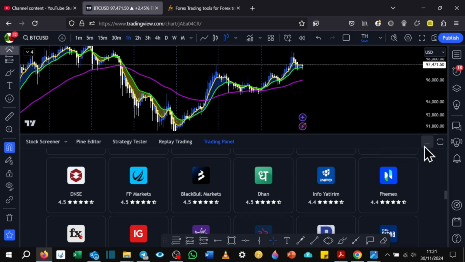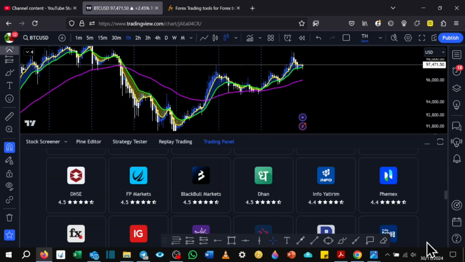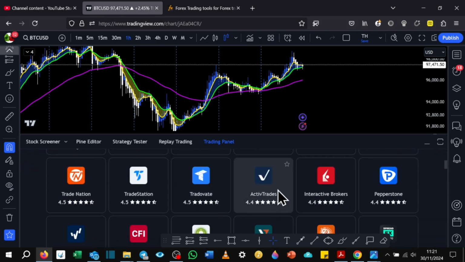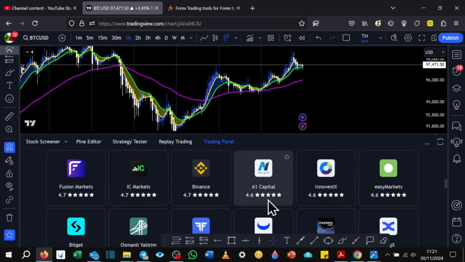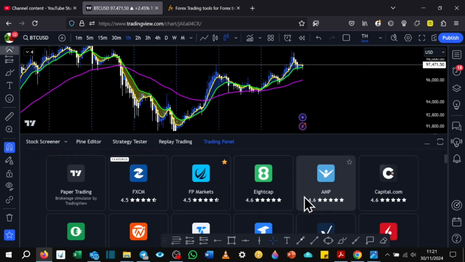You can see here, at the bottom panel, if we open this up, search for the broker, you probably have to click show all brokers. And then if we click, actually we can save that there. There we go.